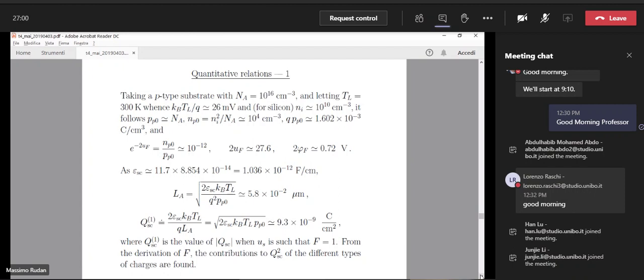Now, putting all these things together, we can calculate the Debye length for the holes. That also appears in the solution of the Poisson equation, and it is quite small. It's a fraction of a micron, as you can see.